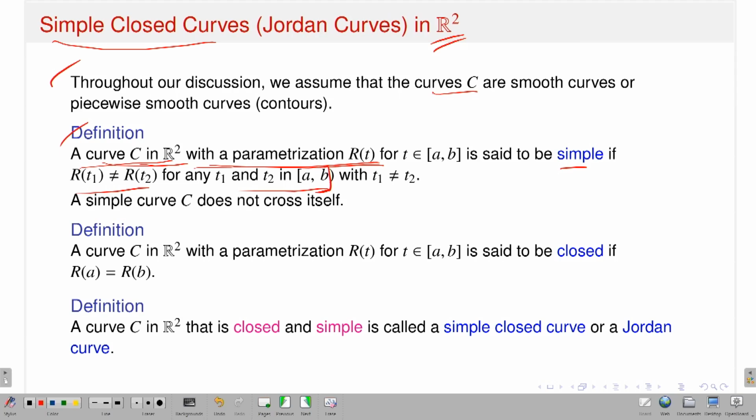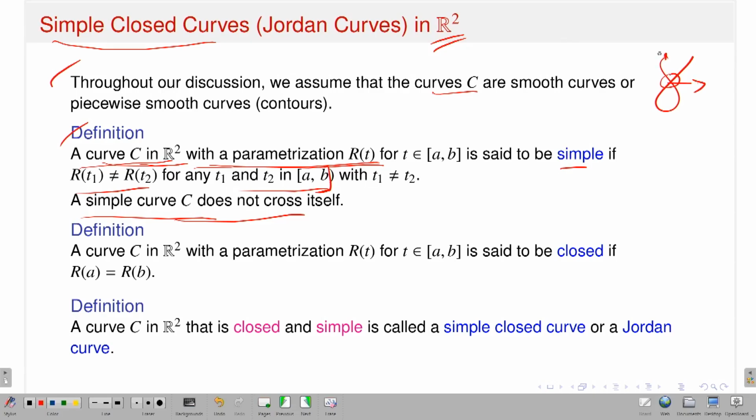If a curve with the parameterization capital R satisfies this property, then I will say that this curve is a simple curve. Geometrically, a simple curve C does not cross itself. You cannot have this kind of thing, because at this point the injectivity is lost.